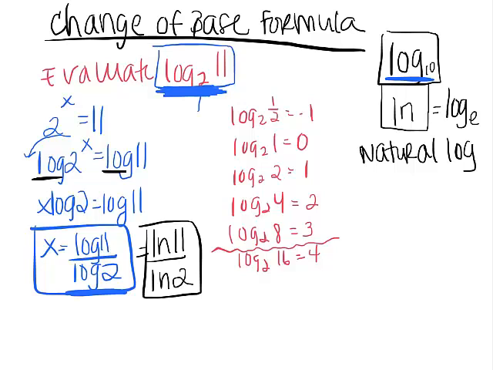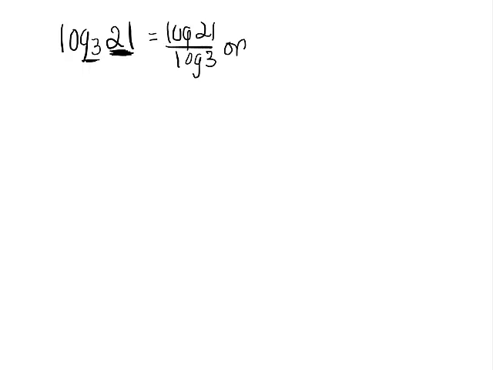You don't have to take all of these steps if you don't want to. So if I said, what's log base 3 of 21? Well, if you look back in the first example, it's really just log of 21 over log of 3. Or you can use ln, and you'll still get the same exact answer.